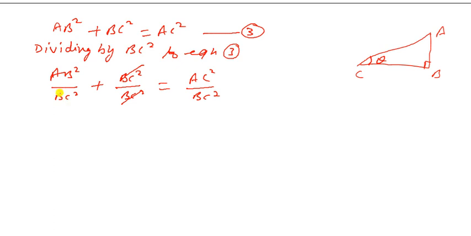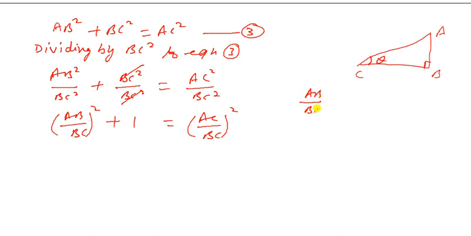So what will happen? BC squared cancels BC squared. Here is AB upon BC whole squared plus 1 equal to AC upon BC whole squared.